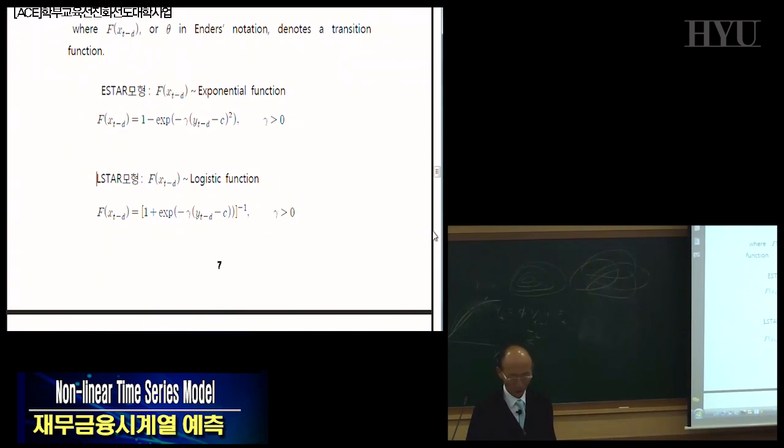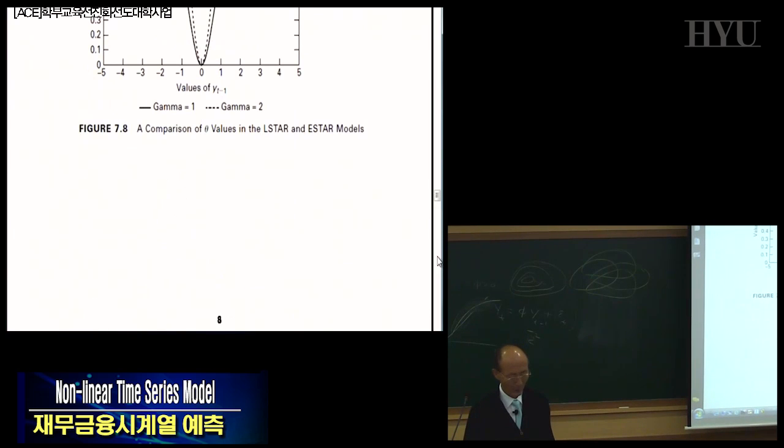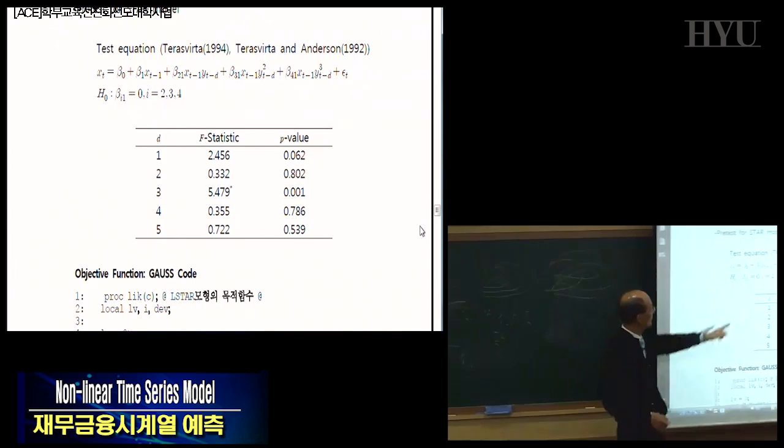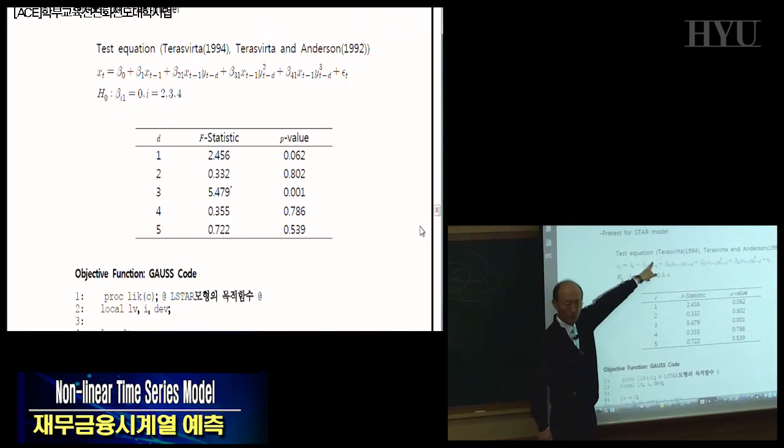So perhaps you might want to know whether x t minus 1 is the trigger value or x t minus 2.